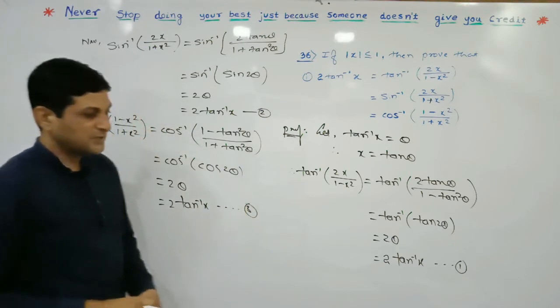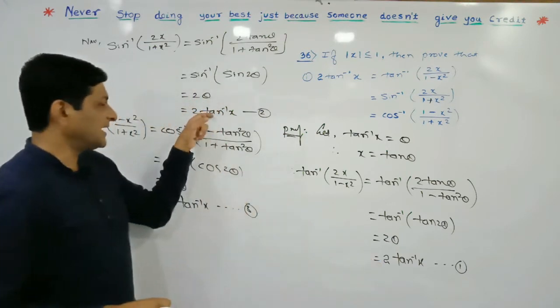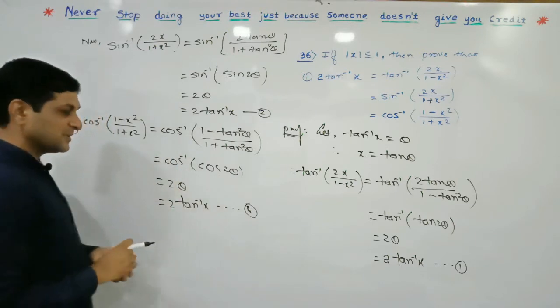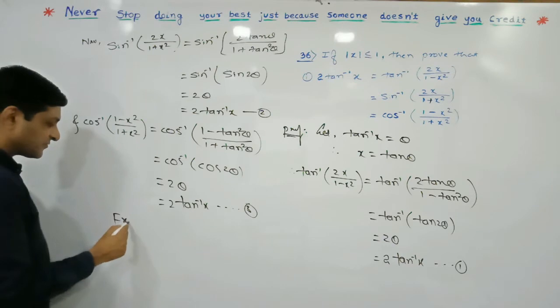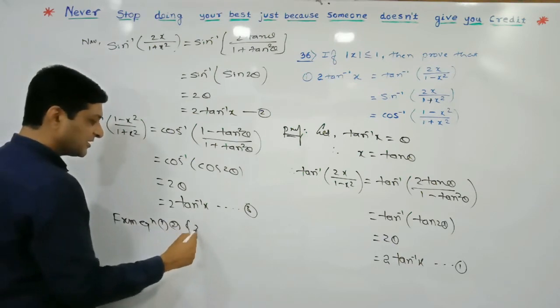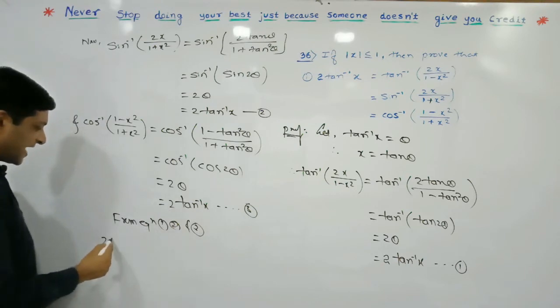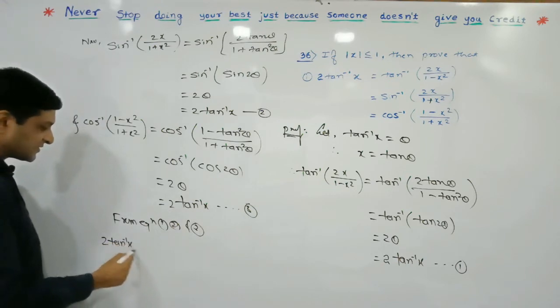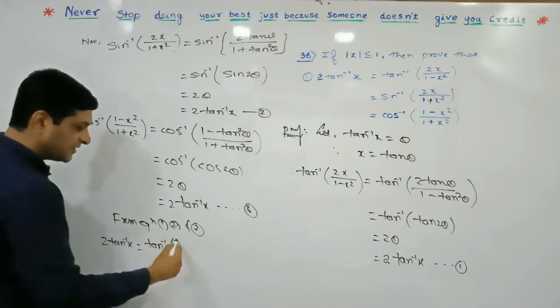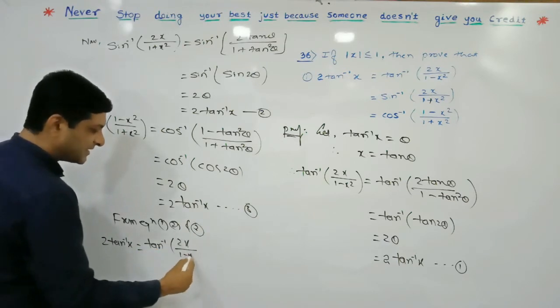Now if you observe equations first, second and third, the right hand sides are equal, which means the left hand sides are also equal. From equations first, second and third, we can say that the value of 2 tan inverse of x will be equal to tan inverse of 2x upon 1 minus x square.